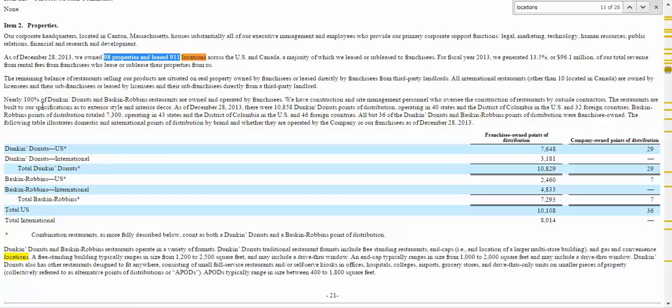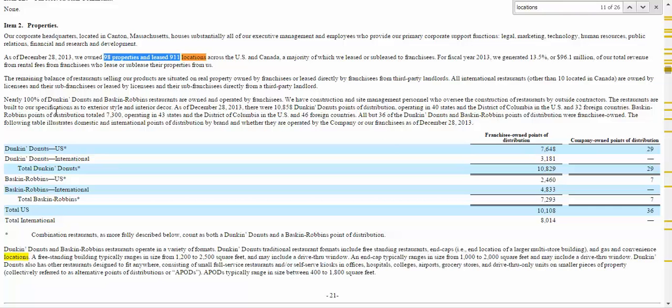Then they say here that the remaining balance of restaurants selling our products are situated on real property owned by franchisees or leased directly by franchisees. So it is true that the remainder after 911 plus 98 is our franchised locations. Let's see what the rest of the text says.